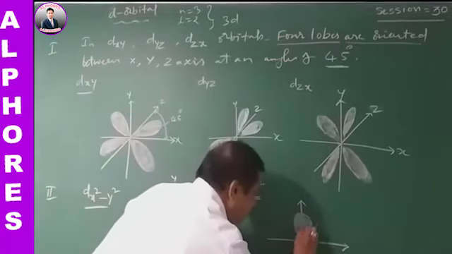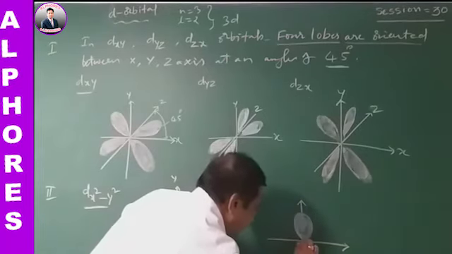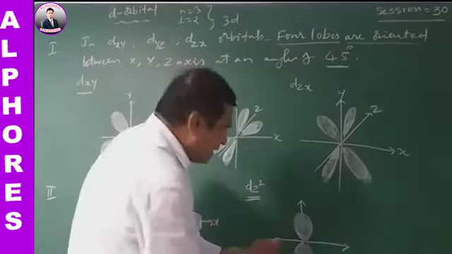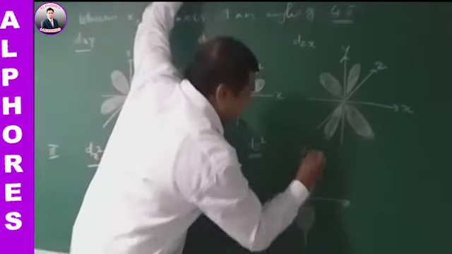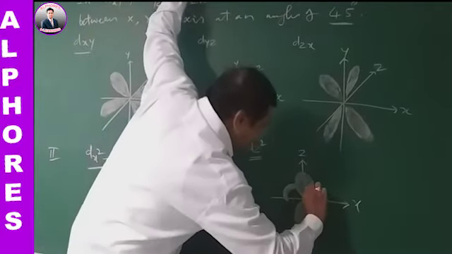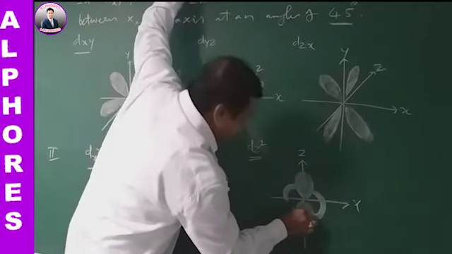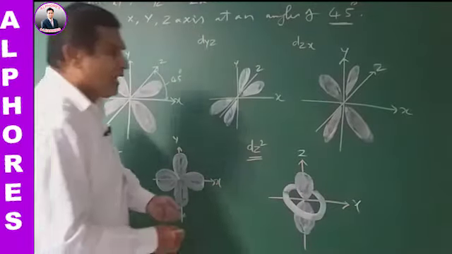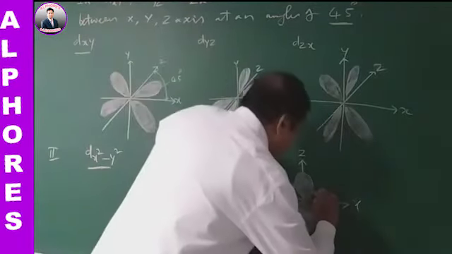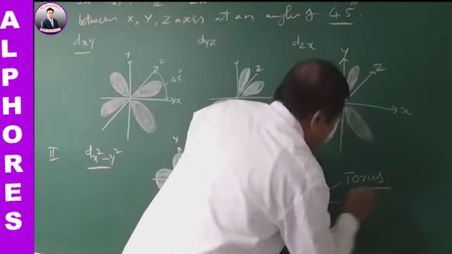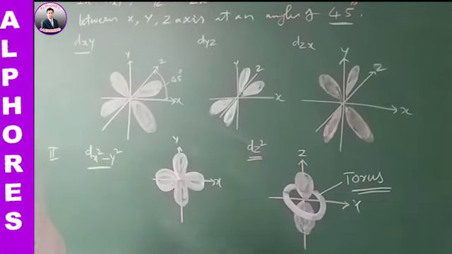The remaining electron density forms a ring-like structure around the z-axis. This ring-like structure is called a torus.